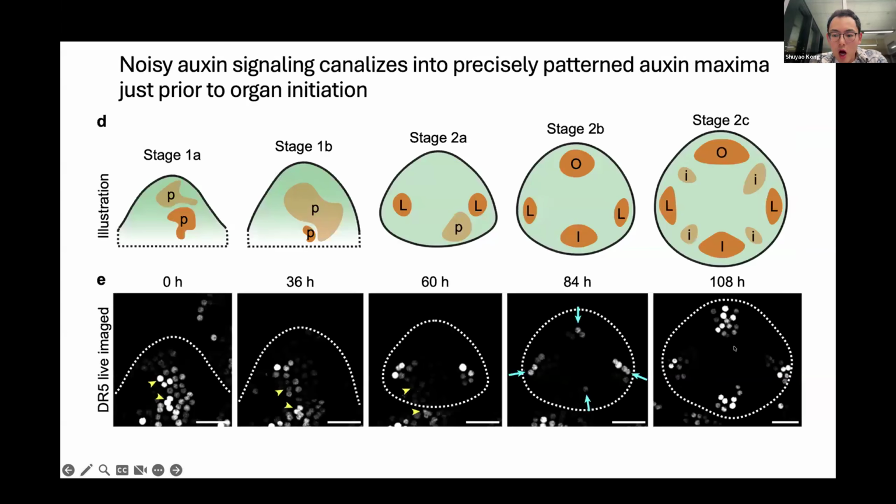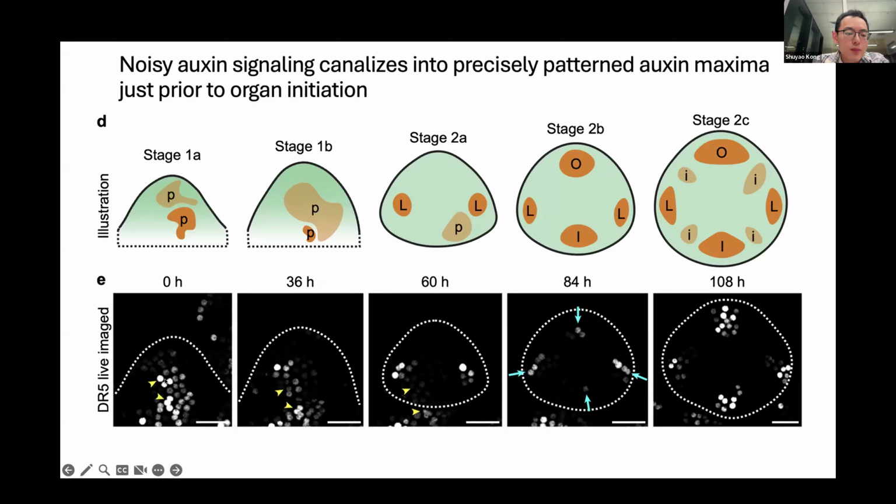Although auxin signal is very important and focuses on these auxin maxima just prior to sepal initiation, we found it actually has a lot of noise. This was the stage that I just showed you in the previous slide. If you go back from this stage, this is a live imaging. You can see in this early stage, auxin signal is actually very noisy.